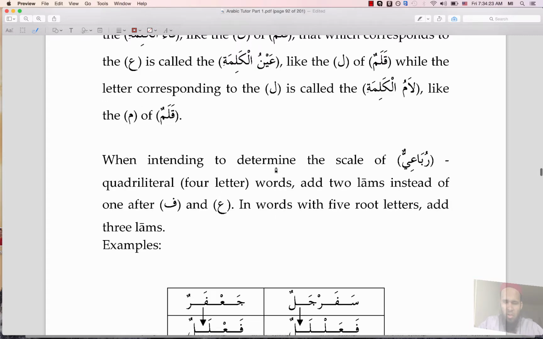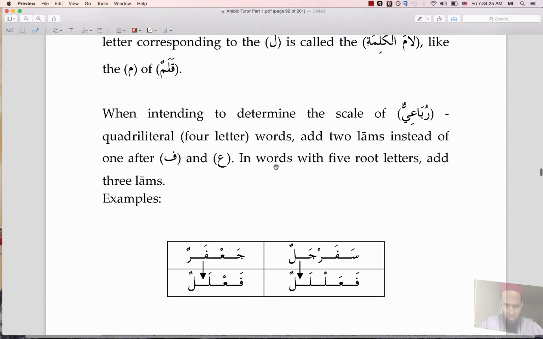When intending to determine the scale of ruba'i, quadrilateral, four-letter words, add 2 lam instead of 1 after fa and ayn. Okay, so for the ruba'is add 2 lam.